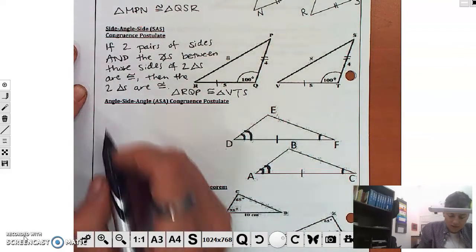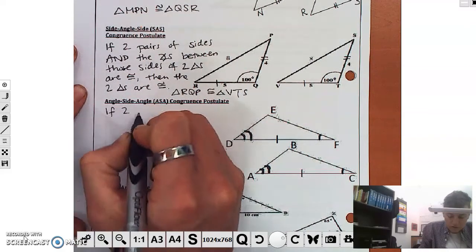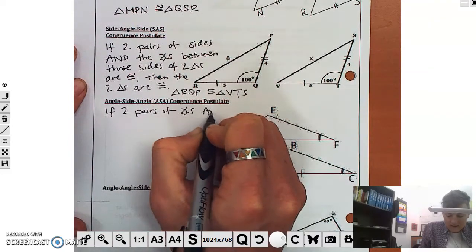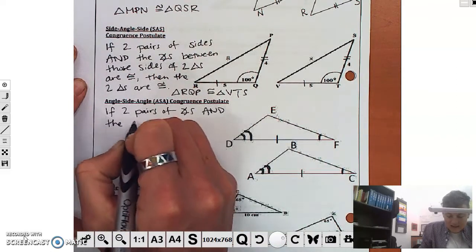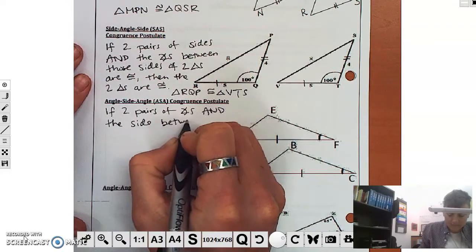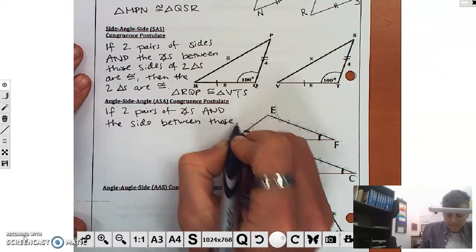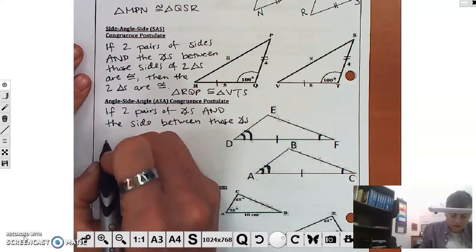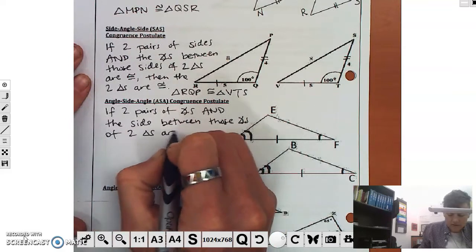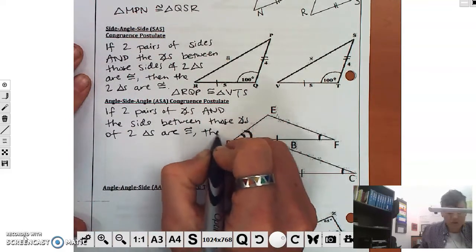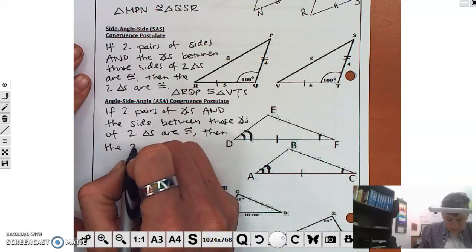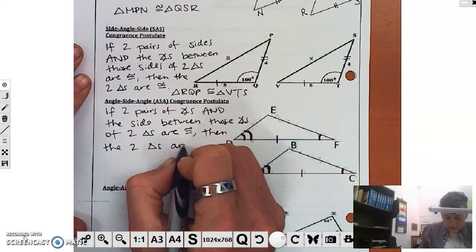So if 2 pairs of angles this time, and the side between those angles, of the 2 triangles, are congruent, then the 2 triangles are congruent.